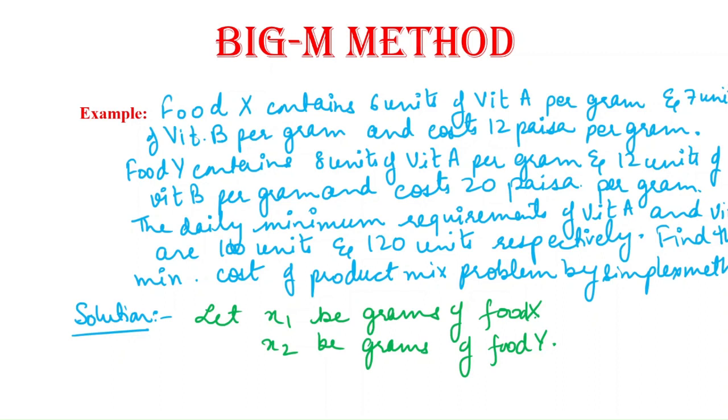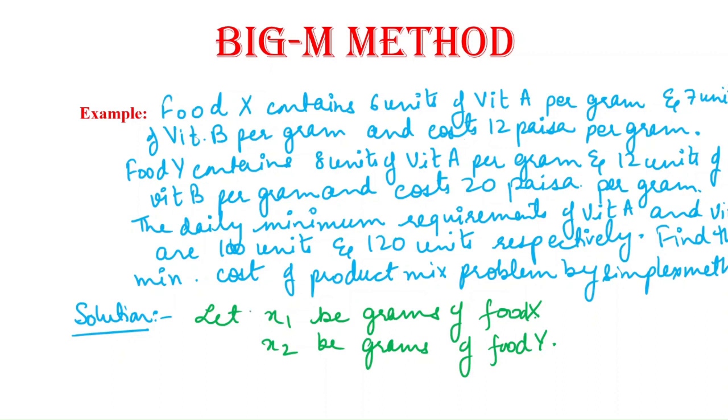The constraints would be 6x1 because this is for the food X we are talking about. So 6 units of vitamin A and 7 units of vitamin B.